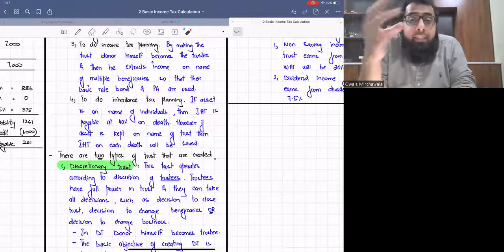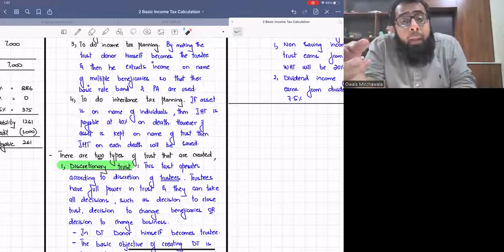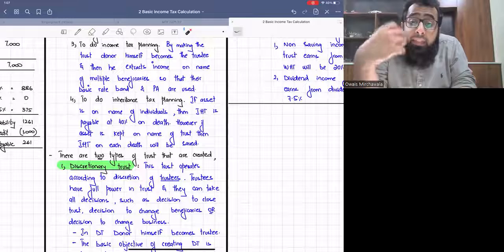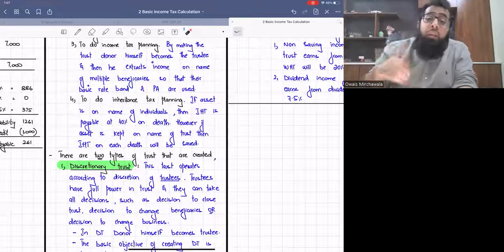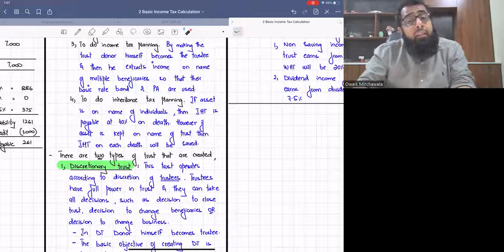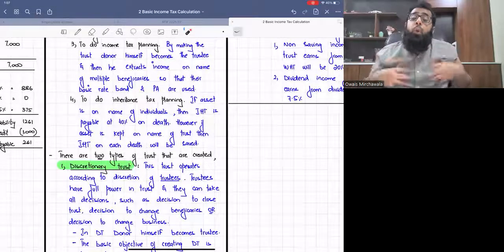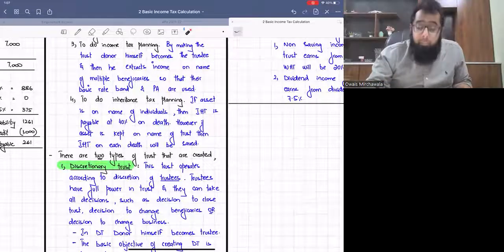But when we give an asset to a trust and we make our family members trustees who can decide the beneficiaries, the benefit is that on every death, there will be no inheritance tax because the assets were not owned by any individual. They were owned by a trust.